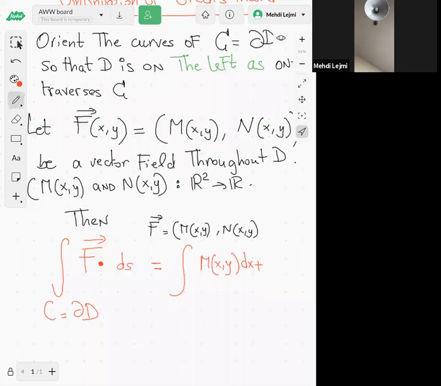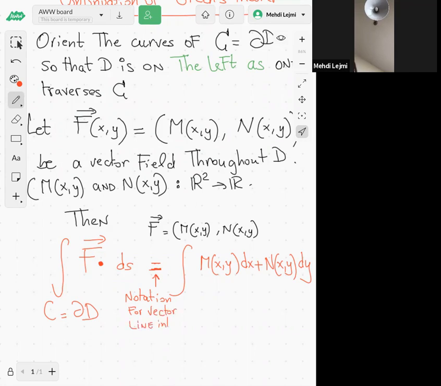This is just another notation for this vector line integral.